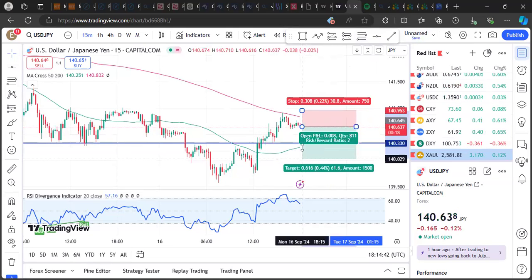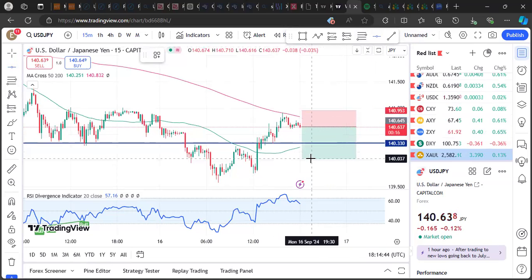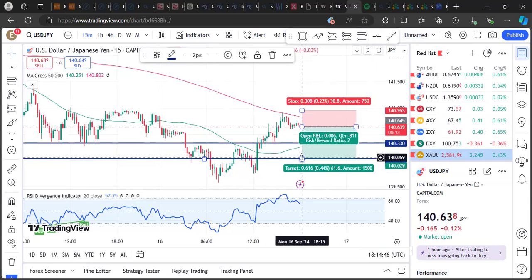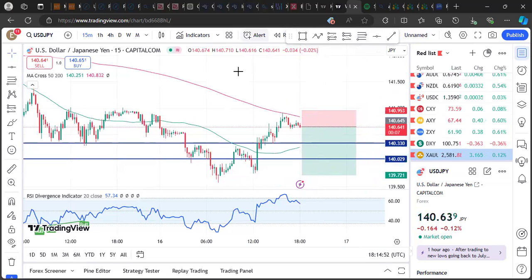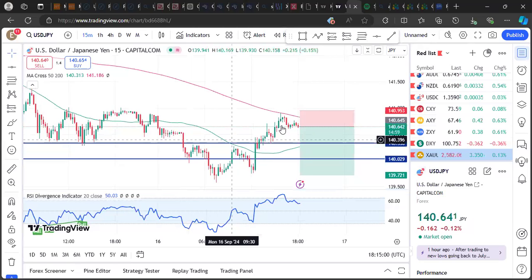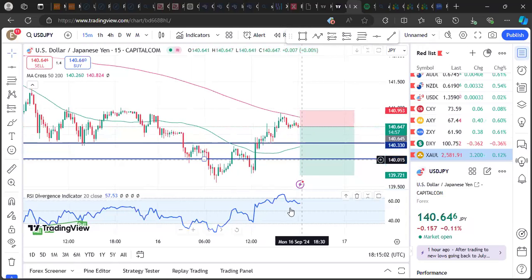And when you get to 1-to-2, you can also move your trades to some profit. Then here you have 1-to-3. So this is actually a very good point to sell the market on USD/JPY. That's one entry. You can use the RSI as your entry. Once the market is above the overbought zone, that's a sell.